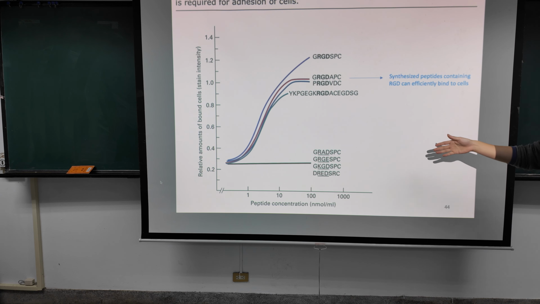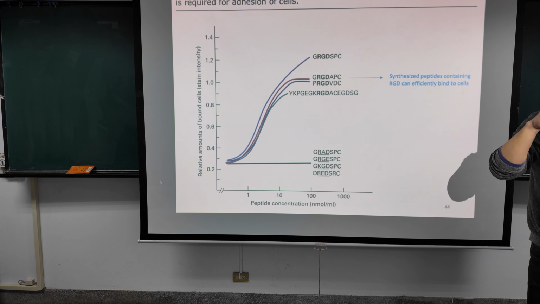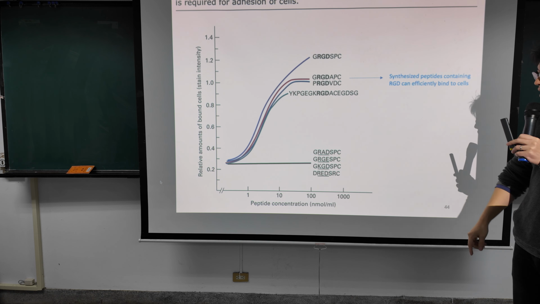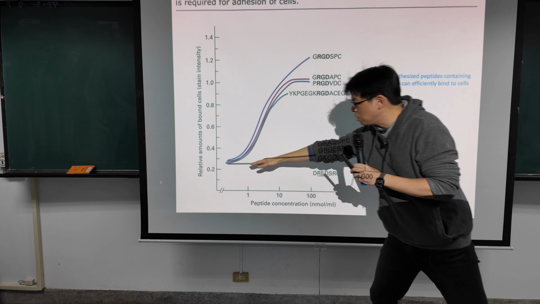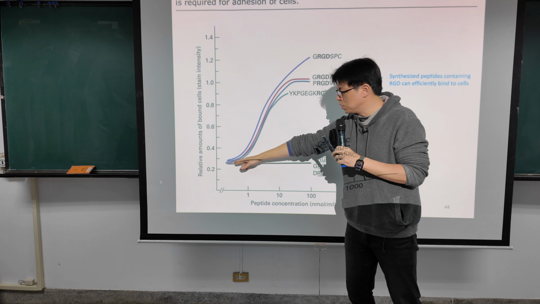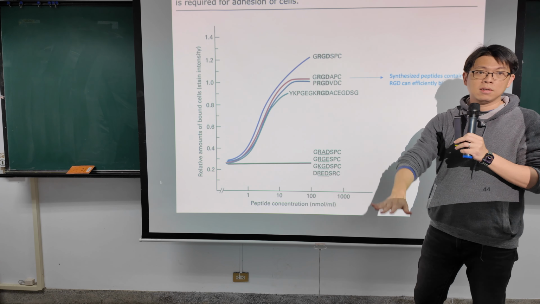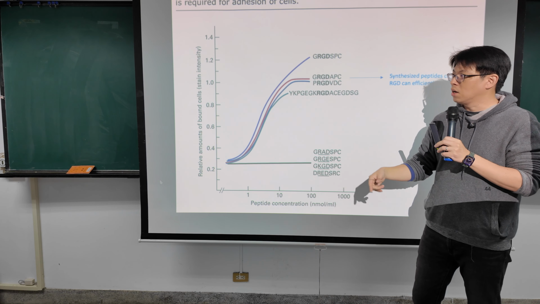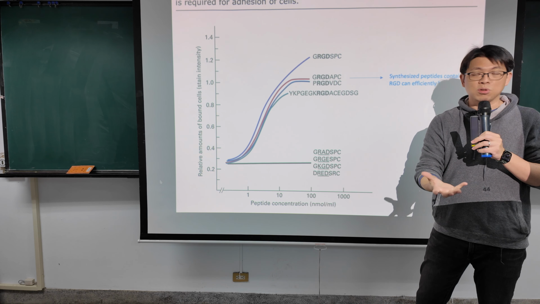This is an experiment to prove that such an amino acid combination as RGD is critical. If you synthesize different polypeptides with different amino acid sequences, and then coat the culture dish with increasing concentrations of these different polypeptides, then you check how many cells can successfully adhere on those culture dishes.